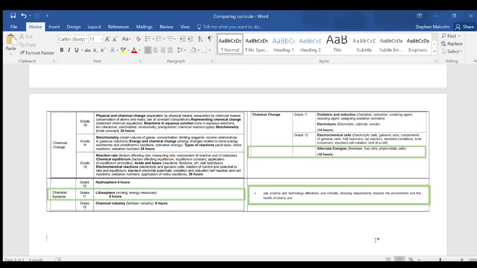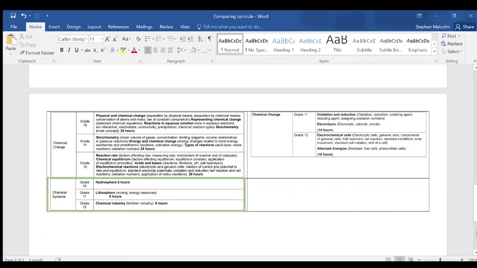So the fact that there's no clear focus on chemical systems is, as I said, a little bit disconcerting. But it is there to some extent in the chemical change by looking at alternate energies, such as biofuels, fuel cells, and so on. Well, folks, that's my summary of the differences between the technical sciences and the physical sciences.